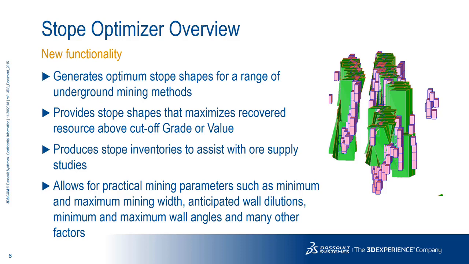Again, the inventory, how many stopes are produced, is really dictated by the scale and size of your project. The optimizer allows for practical mining parameters such as minimum and maximum mining widths, anticipated wall dilution, that can be on both sides of the stope. You can flex both. Minimum and maximum wall angles, and many other factors. The key point here is really you can modify the Stope Optimizer and adjust the inputs to suit your project drivers.